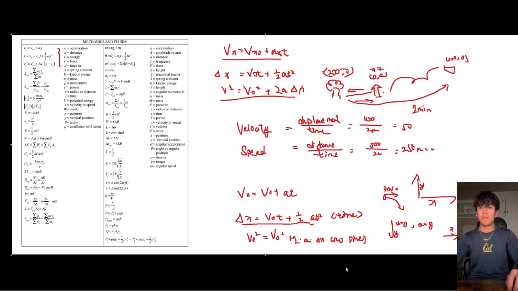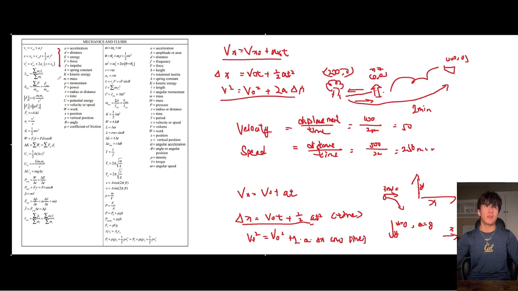Let's talk about an example, because in UIL physics, it never really asks about kinematics directly; it's always embedded in some questions. But here's one sample I found online. It says a car is traveling at 20 meters per second.